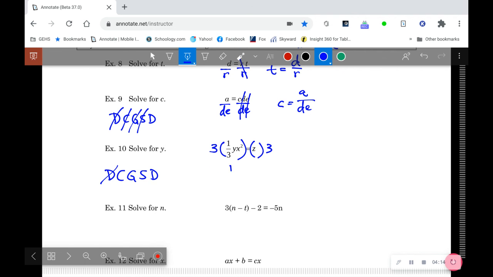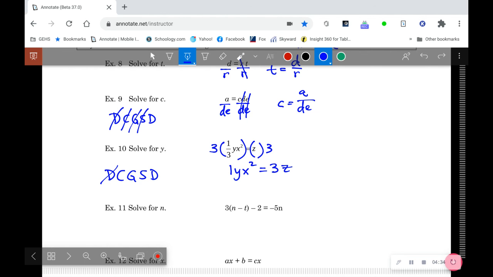So this is 1 times yx. And I'll erase that 1 in a minute here. So that's equal to 3z. The reason I don't do the standard American Z like that is it can look like a 2. So I'll put that extra crossbar on it.